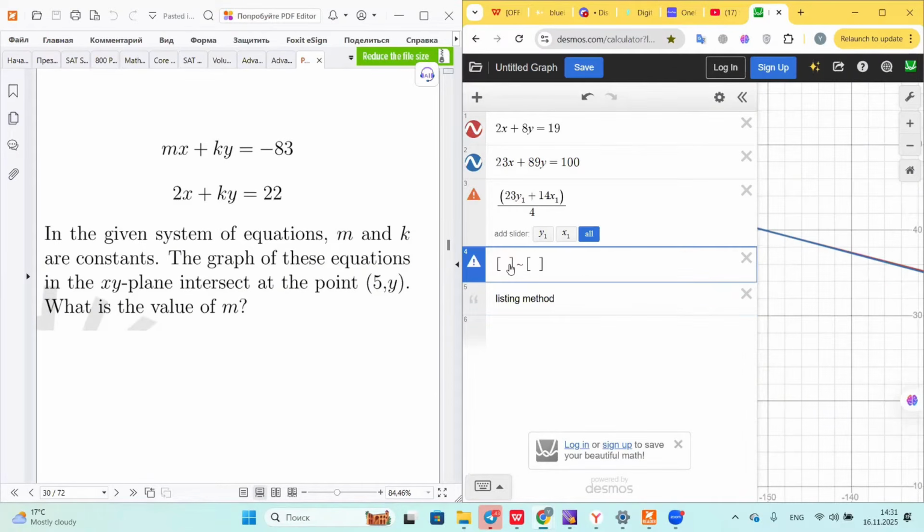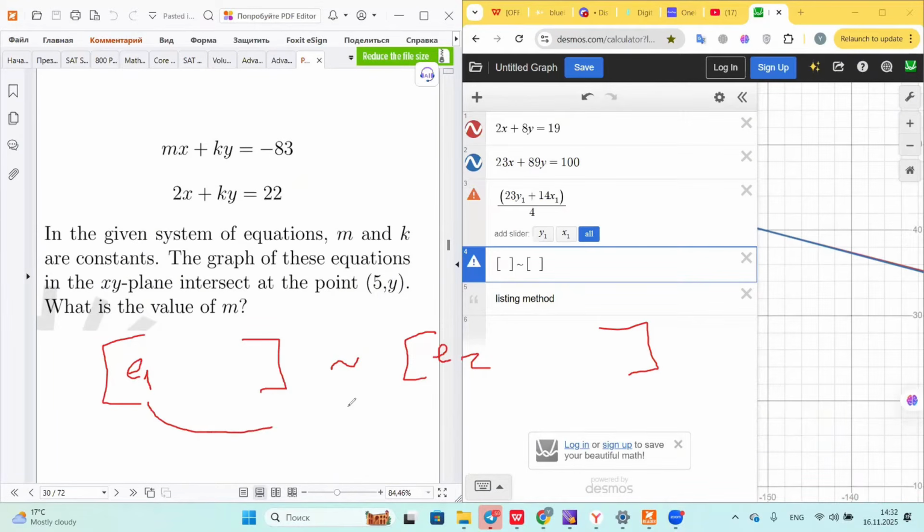How will you use it? We have some set of elements equal to another set of elements, and they hold simultaneously, meaning at the same time. For example, here some expression 1 will be equal to expression 2.